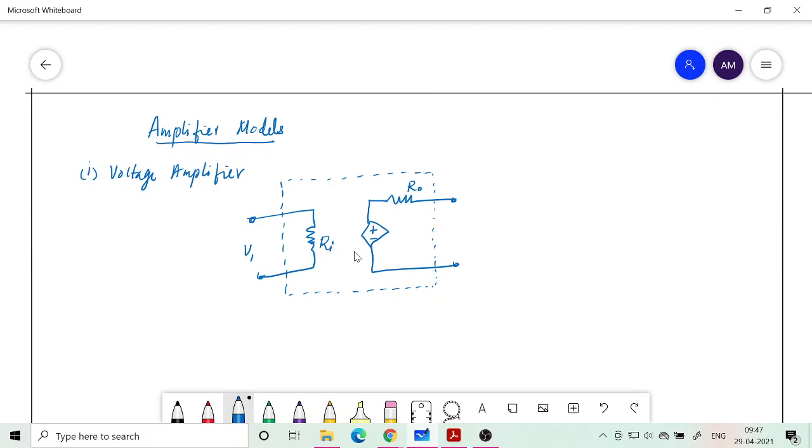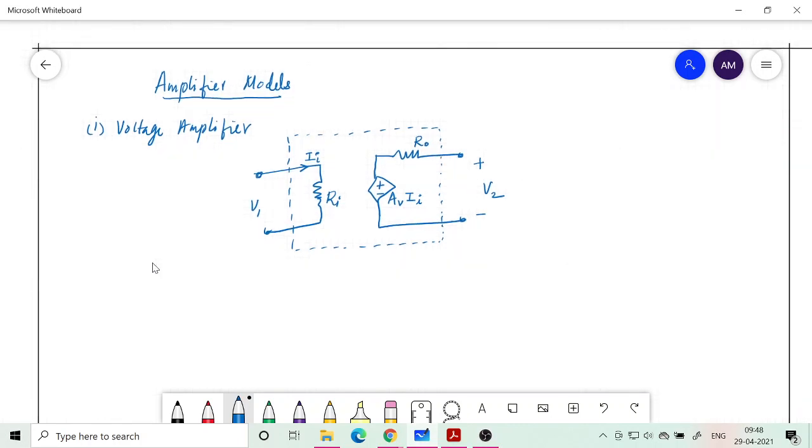Okay, and here I have drawn a diamond shaped voltage source, and it is having a magnitude equal to AV into II. II is basically the input current, and we take the output, say here V2. All right, so that's the model for a voltage amplifier.